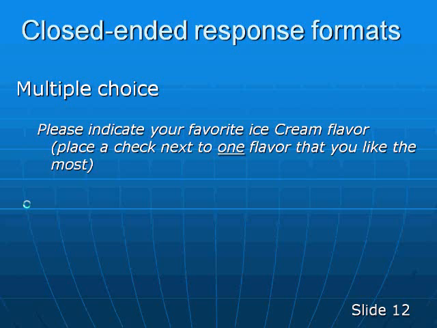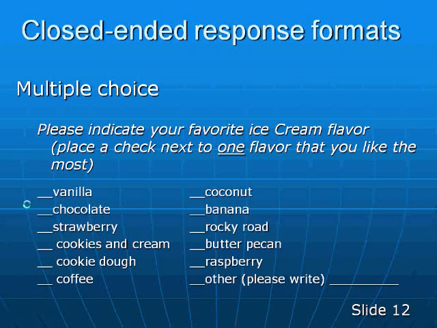Here is an item with a set of multiple choice options. Please indicate your favorite ice cream flavor. Place a check next to one flavor that you like the most. And you have a bunch of different flavors. There's even an option for people whose flavor isn't mentioned here, where you can put a check and write the name of your flavor right here.